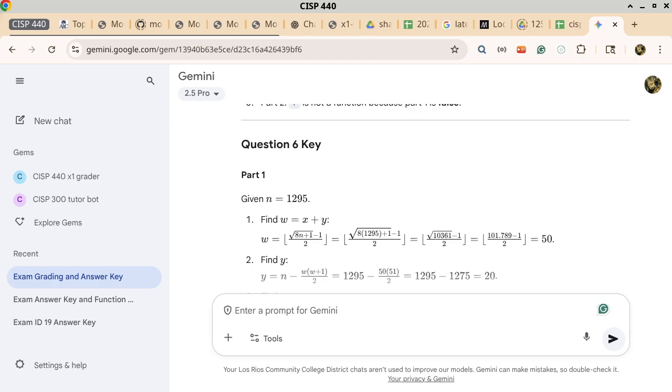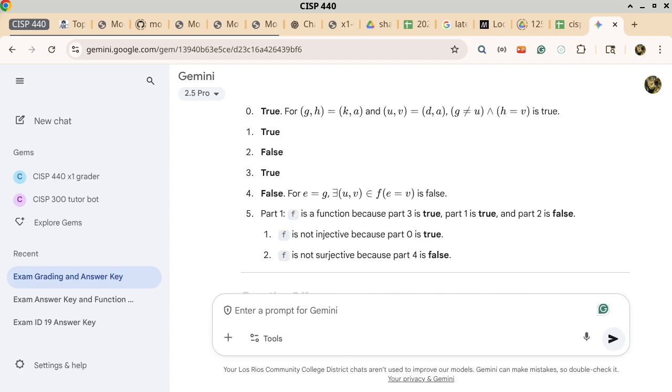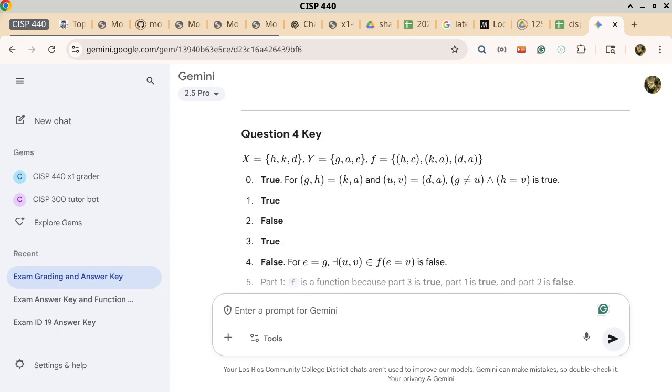So I had to give it my version of the Cantor's mapping function, but other than that, the GPT was doing everything on its own. It was able to even figure out which of the parts relate to surjection, which part relates to injection, and which part relates to whether a mapping is a function or not. It was able to figure that out.